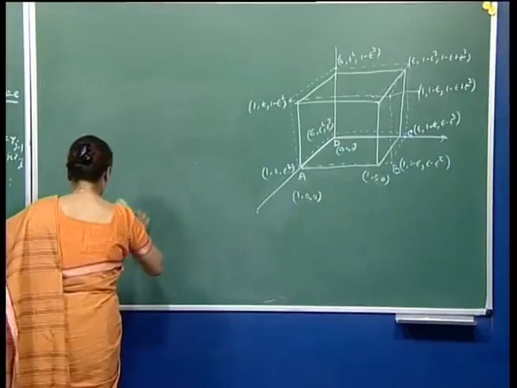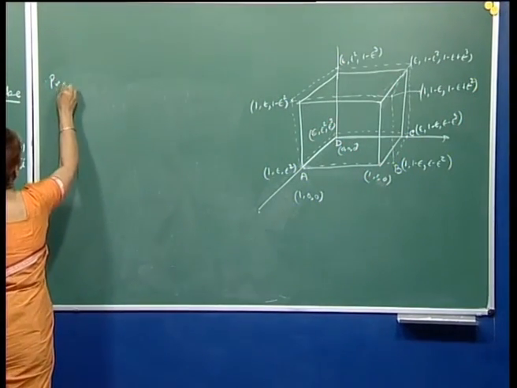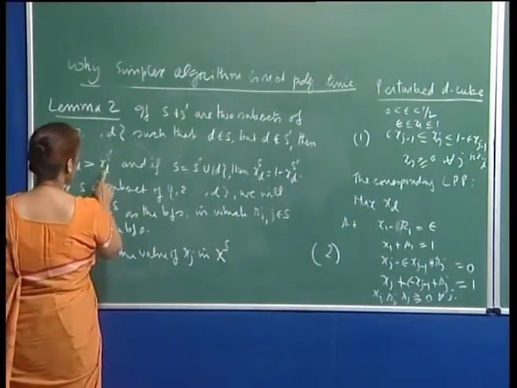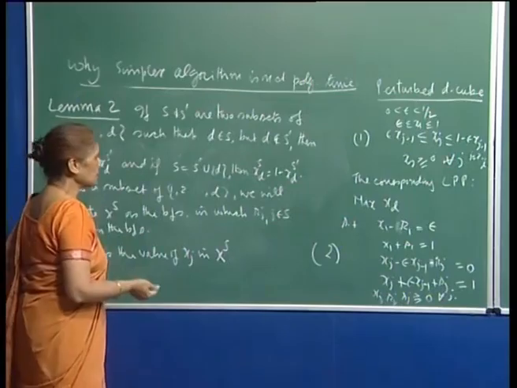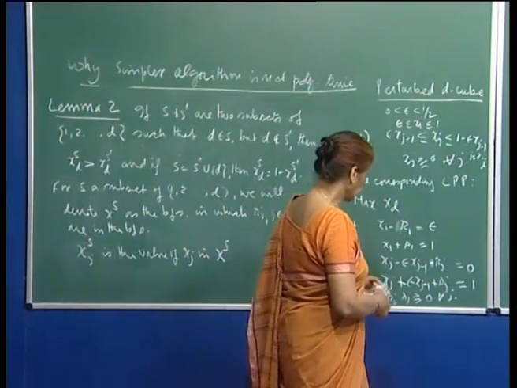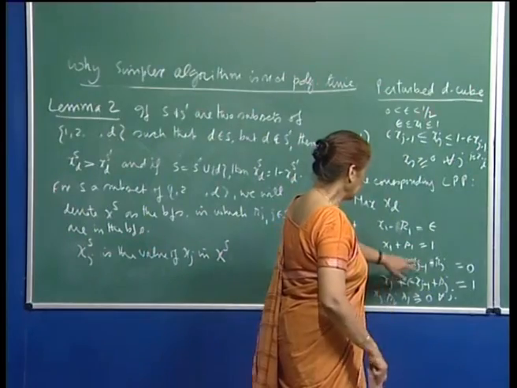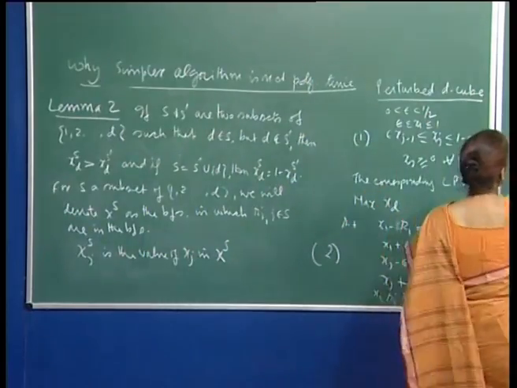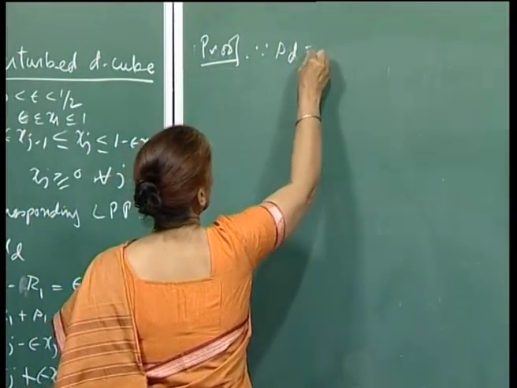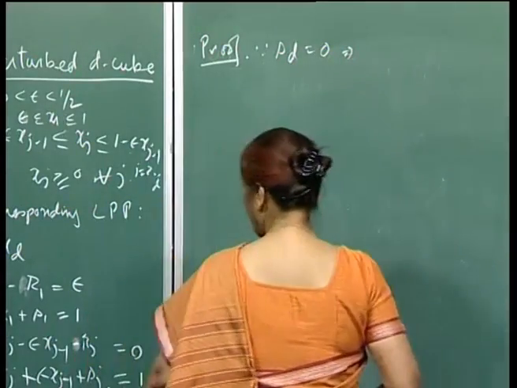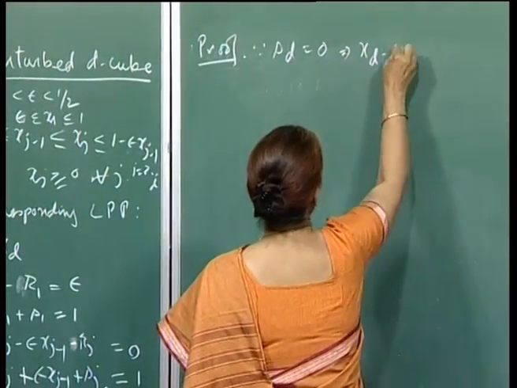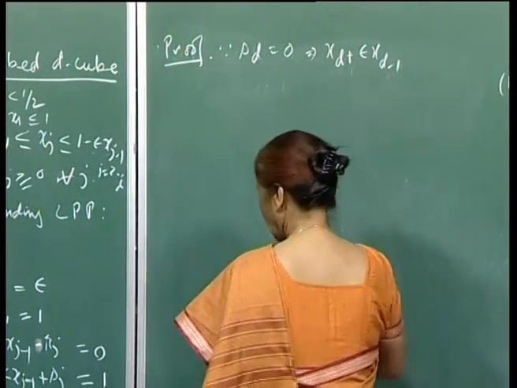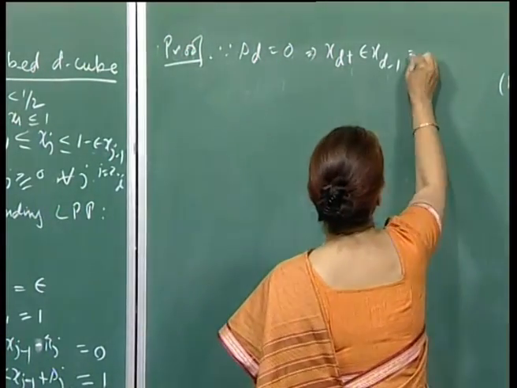So, the proof. We are saying that d is in S, but d is not in S prime. Therefore, for j equal to d, Sd is 0. Since Sd is 0, this implies from the last constraint that Xd plus epsilon Xd minus 1 is equal to 1.